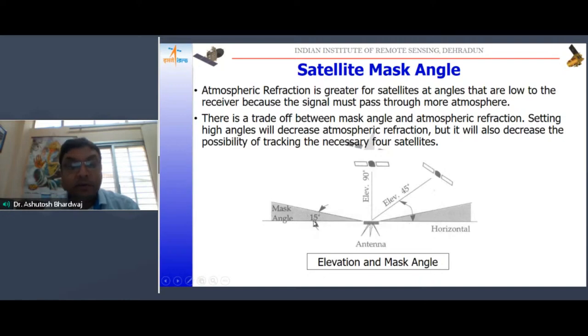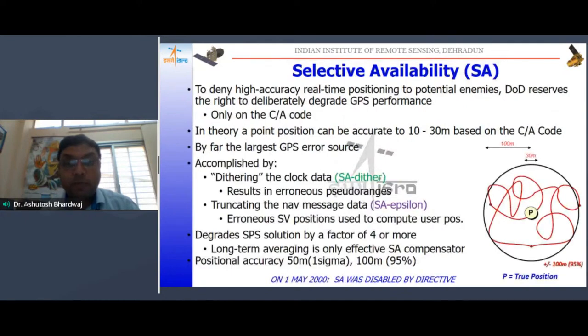If we provide an elevation angle as a mask angle of 15 degrees, then the solution will not utilize the signals coming from the satellites within this shaded zone. These signals will be kept out of the solution. So that is why we use the mask angle.